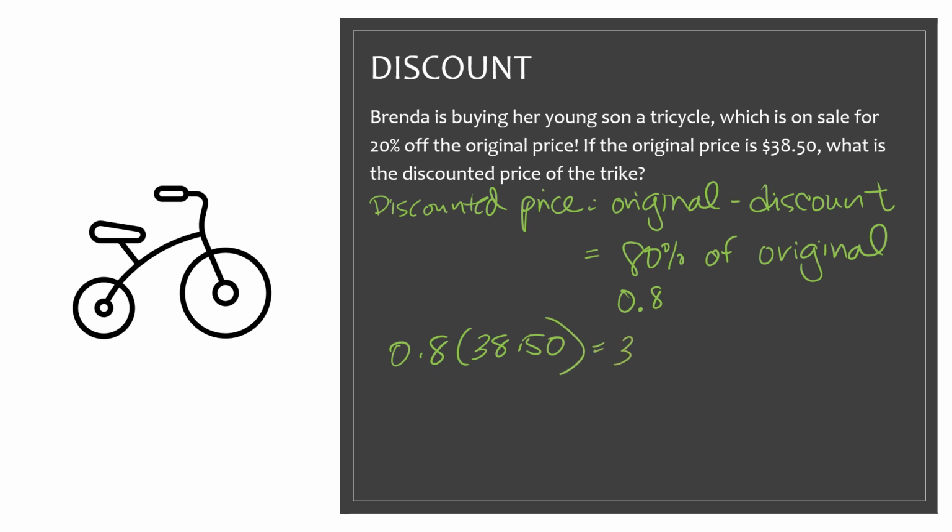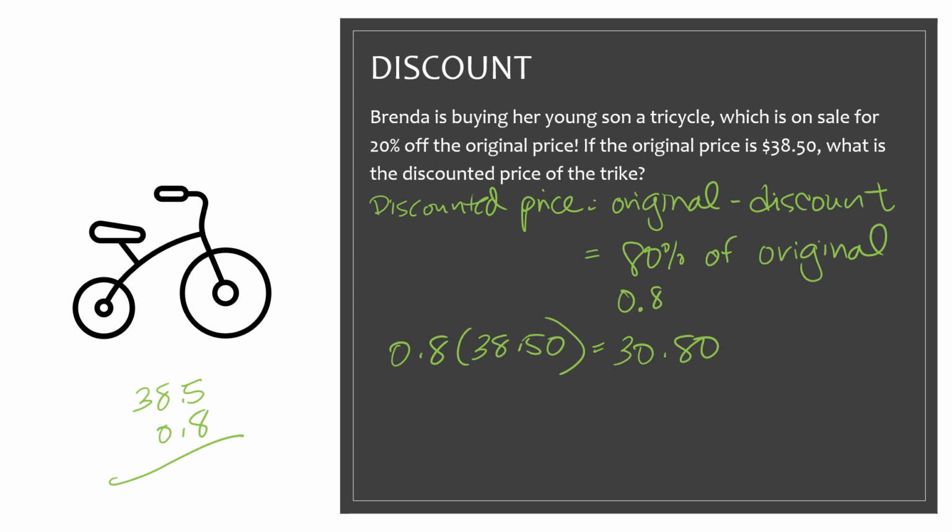And I get 30.80 if I do that math. Okay, so how can I do that math? Well, I did that math already, but I'm going to work it for you so that we can see how to do it. I would say it's 38.5, times 0.8.